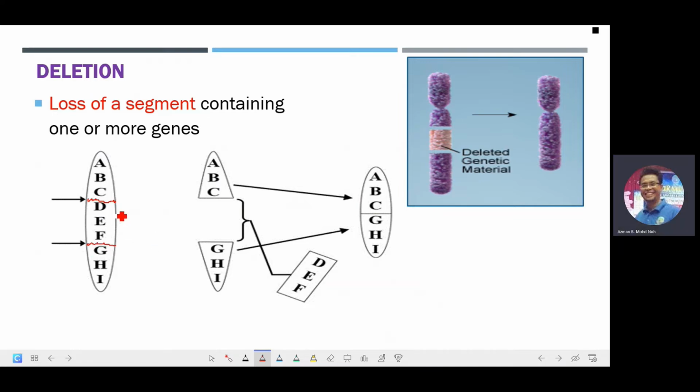When this segment breaks off, it is removed from the chromosome, and the 2 parts of the original chromosome are joined with each other. Thus, this creates a new structure for the chromosome, which is shorter, and the genes found in this new chromosome will just be A, B, C, G, H, and I.